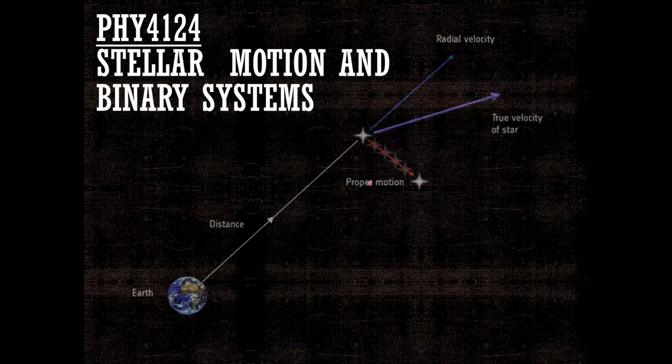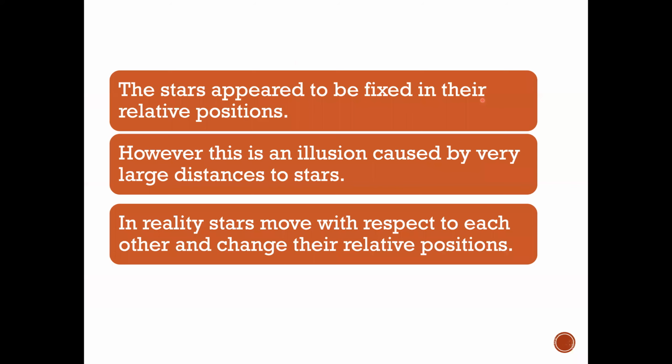Proper motion is an angular measurement, but if we know the distance from here to here, you can calculate the velocity in this direction, right? And if we know this velocity, which we can call the transverse velocity, and the radial velocity, then you can calculate the resultant velocity, which is the true velocity, right? So that's how you normally calculate the velocities of stars, right? I guess I have basically mentioned what I'm going to talk about in this particular lecture.